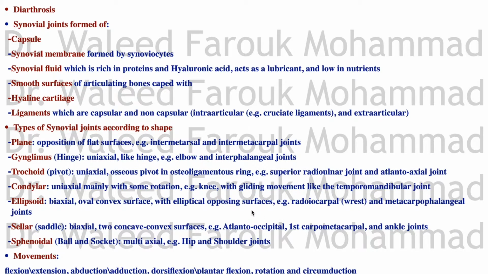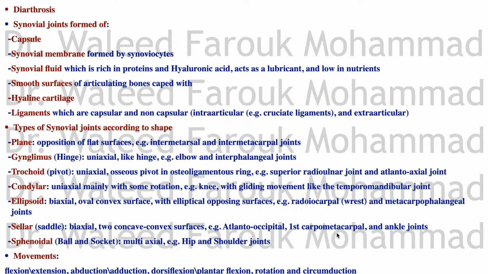Sellar or saddle joints are biaxial. The opposing surfaces are concavo-convex, like the atlanto-occipital joint. Sometimes the atlanto-occipital joint is classified as a flat joint.